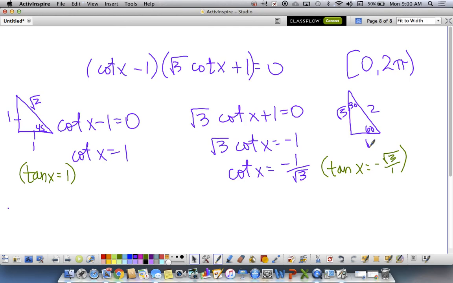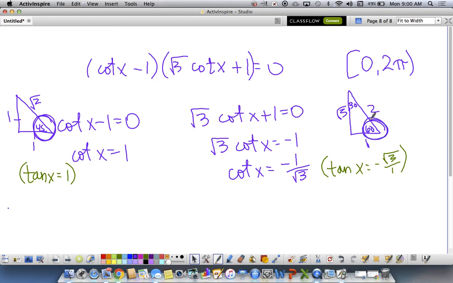Okay. So what am I looking at now? Is this all I need? My answer is 45 degrees, right? No. That's a reference angle. Is that one of my answers? No, just like 60 degrees over here, it's not one of my answers.